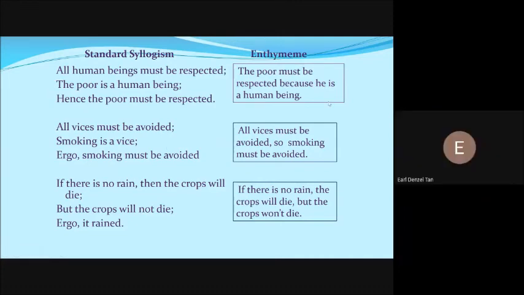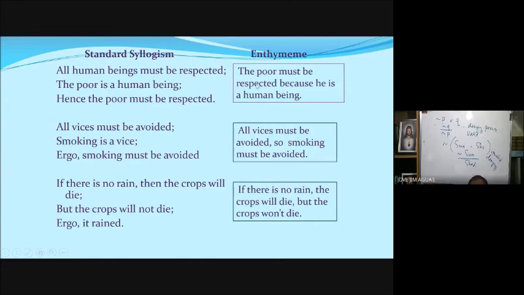The poor must be respected because he is a human being. What is the common term? It is mentioned twice already: the poor, and of course he is the pronoun for the poor.